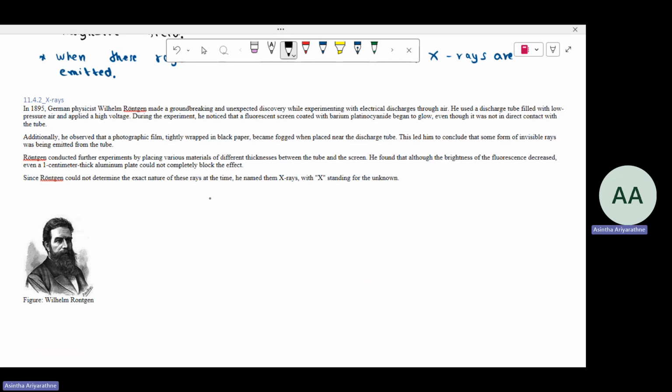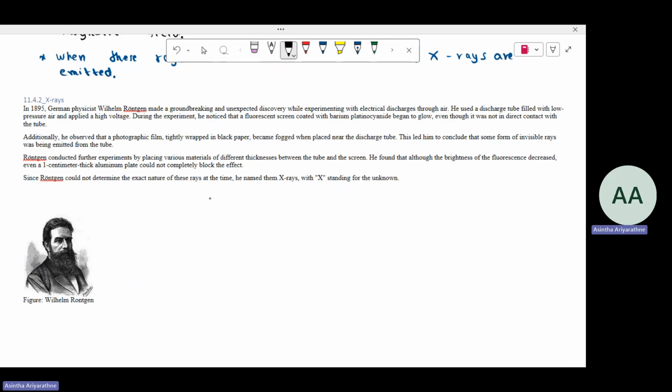In 1895, the German physicist Wilhelm Röntgen made the groundbreaking discovery of X-rays while doing an experiment like this.